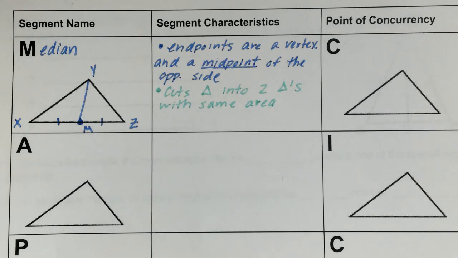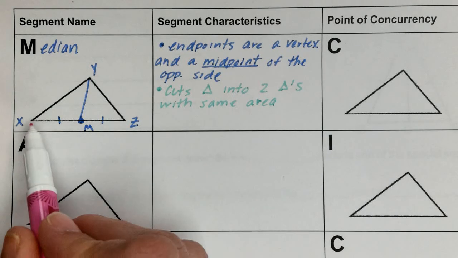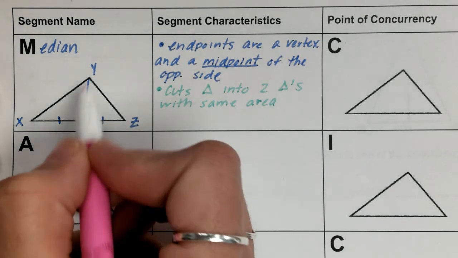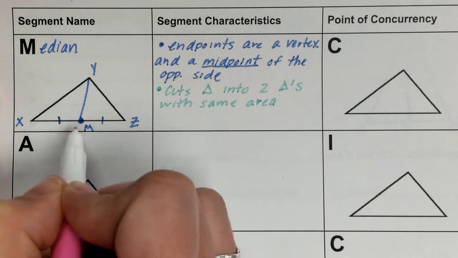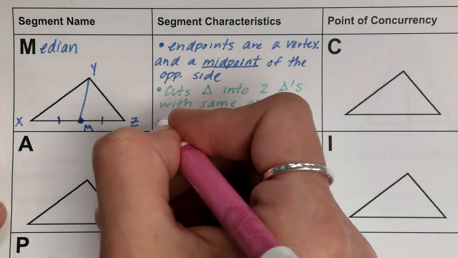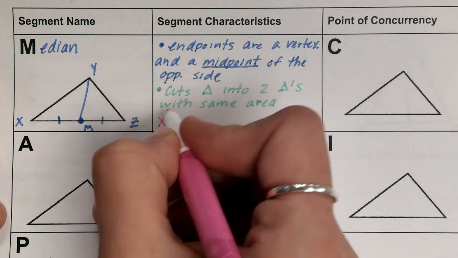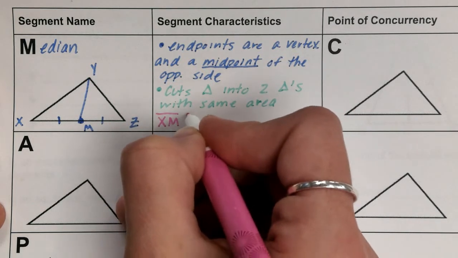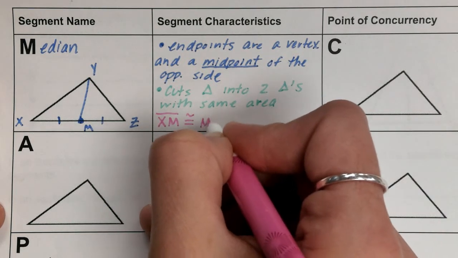Then we want to make sure that in all of these we're seeing what's congruent or what's being marked. What are our markings meaning? These special things that we need to look for in these pictures. Here we have 2 congruent segments. So that's what the median does, creating 2 congruent segments with that midpoint. So here we have that segment XM is congruent to segment MZ.